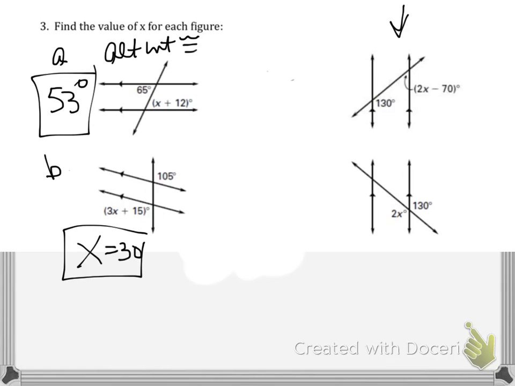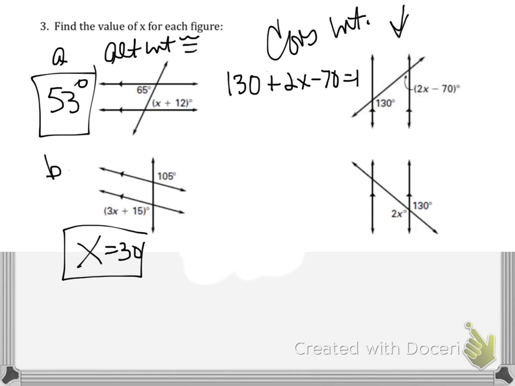So I see those two angles. Those are consecutive interior. Consecutive interior angles, if you look back on your notes, are going to sum to 180. So in order to solve for that x, I'm going to say 130 plus 2x minus 70 will be equal to 180.